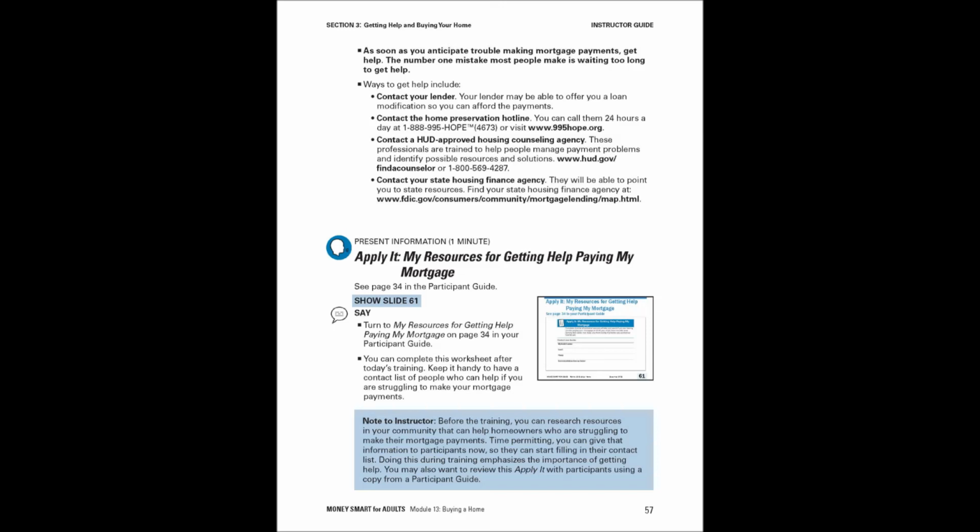The actual activity for this topic, Apply It, is My Resources for Getting Help Paying My Mortgage. This gives them an opportunity to take an inventory of these resources, so in the event that something happens later or it looks like they might have trouble, they have something to refer to immediately.